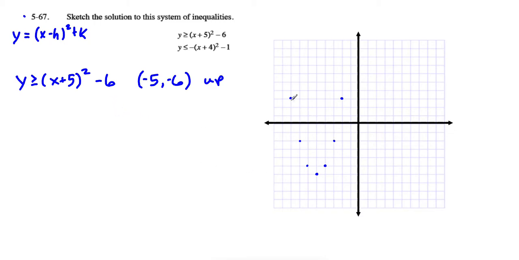Now as we look at it, we can see our parabola shape. This one's greater than or equal to. So since it's equal to, I know that I'm going to have a solid line here. I'm going to try my best to draw this on here. Hitting my points. Yikes.